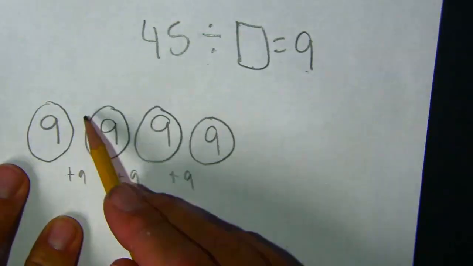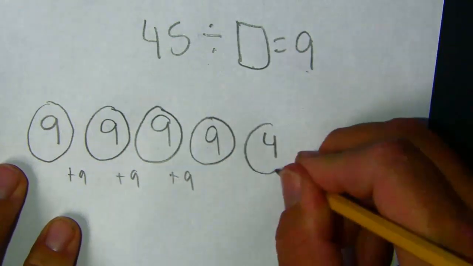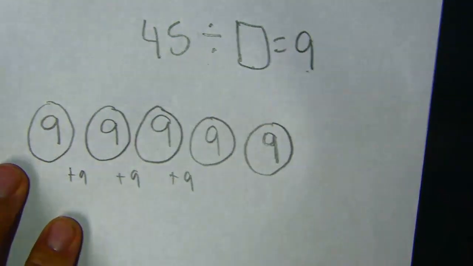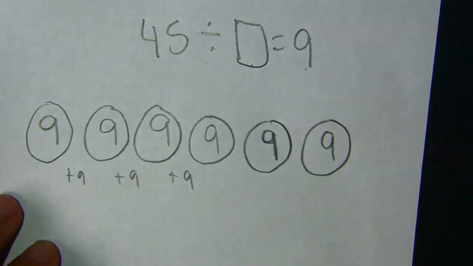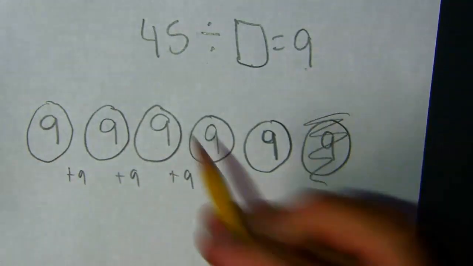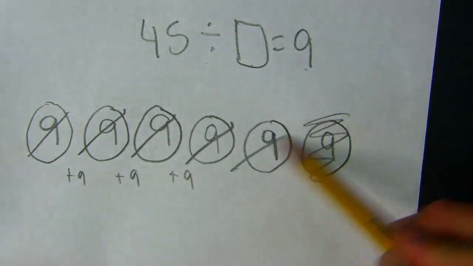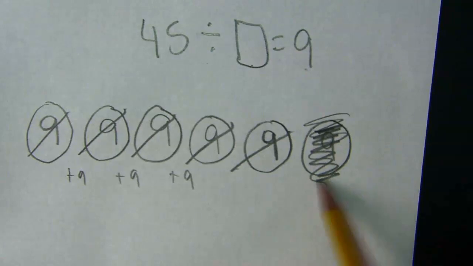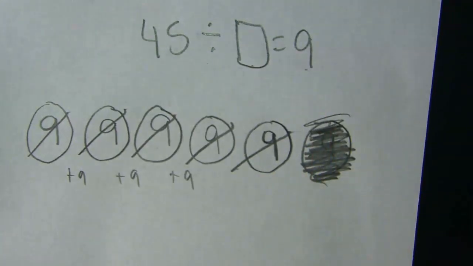What am I at? 9, 18, 27, 36. Oops. 45, 54. Oops, I went too far, didn't I? Let's see. 9, 18, 27, 36, 45. Yeah. I brought too many friends to the party, which is usually a good thing, but okay.